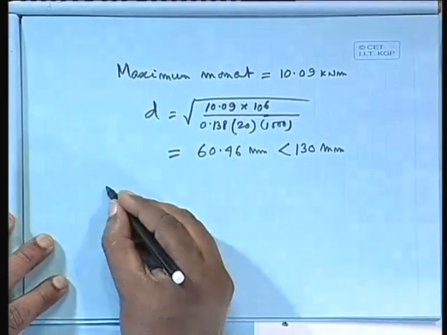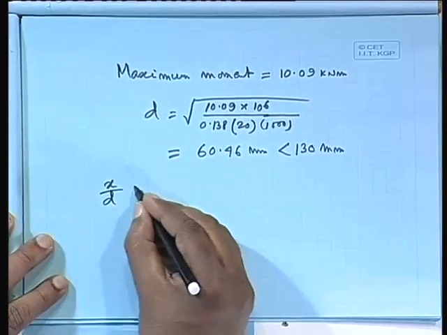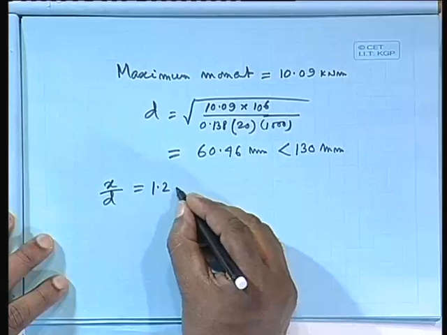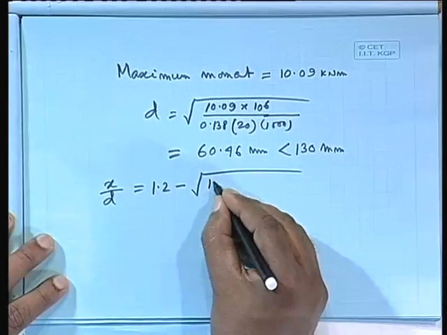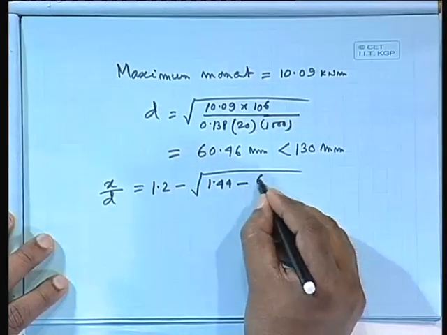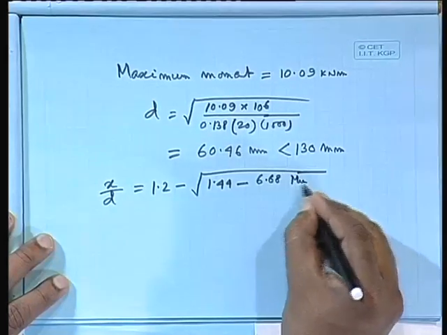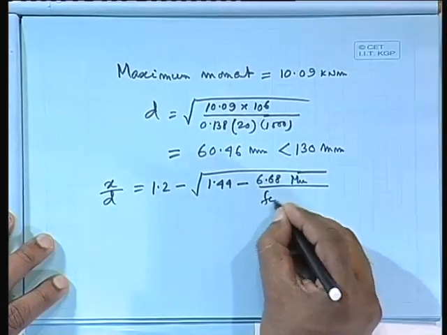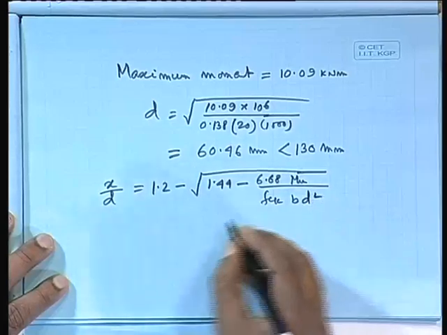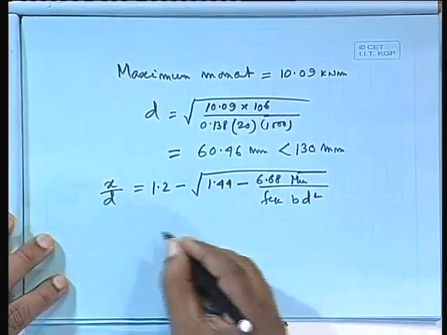So, let us complete this one. We could find out immediately x by d equals 1.2 minus root over 1.44 minus 6.68 Mu by fck b d square.